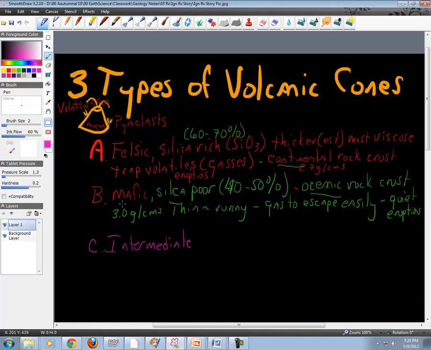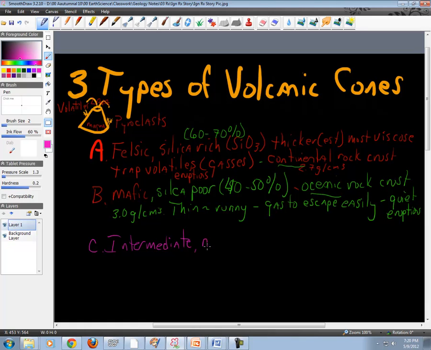This is the basalt, the gabbro, the scoria type of rock, and this is more like diorite, andesite, things that have characteristics of both. So, density somewhere in the middle, say 2.8 grams per cubic centimeter.